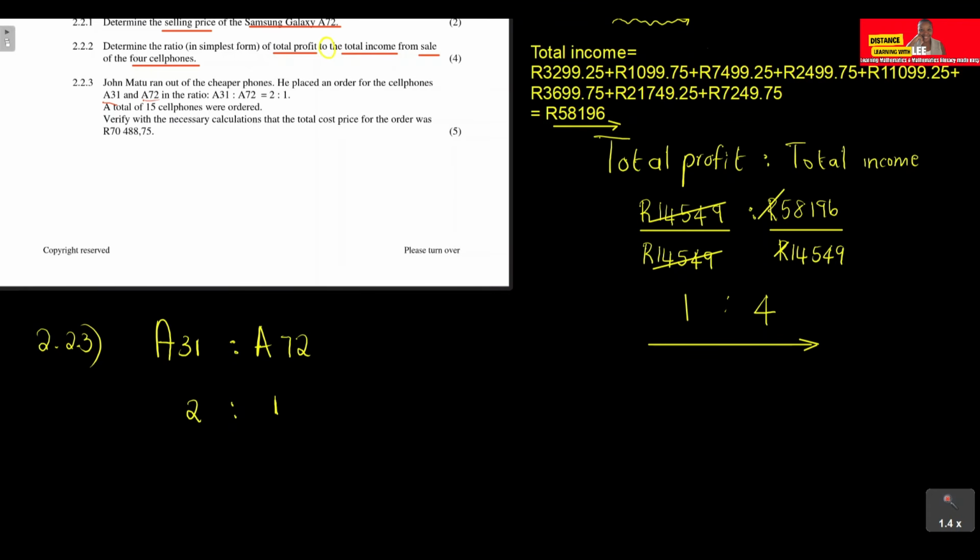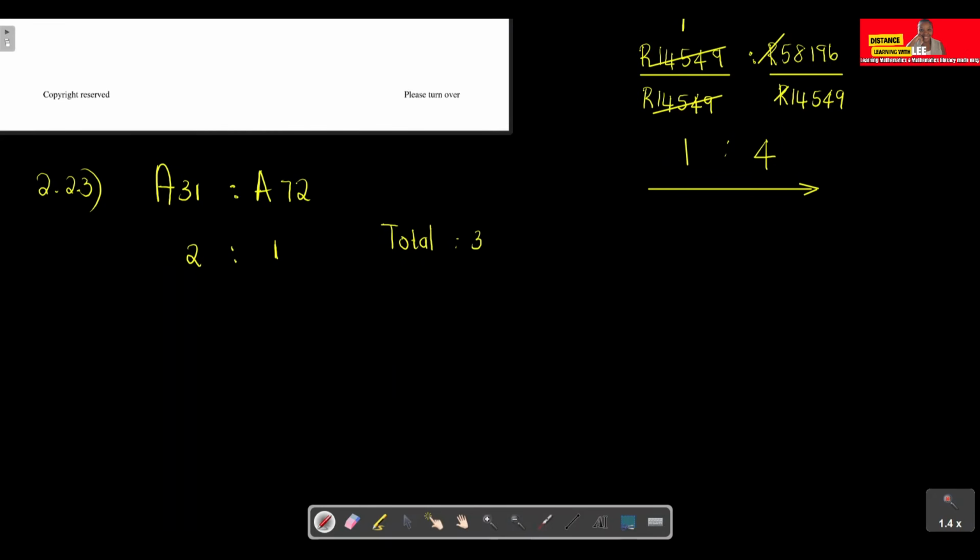So what do we need to do? Already here, guys, we're given the ratio 2:1. So we need to determine the total. The total is 3. So to determine the number of A31s that he bought, we need to determine how many A31s are contained in those 15 cell phones.